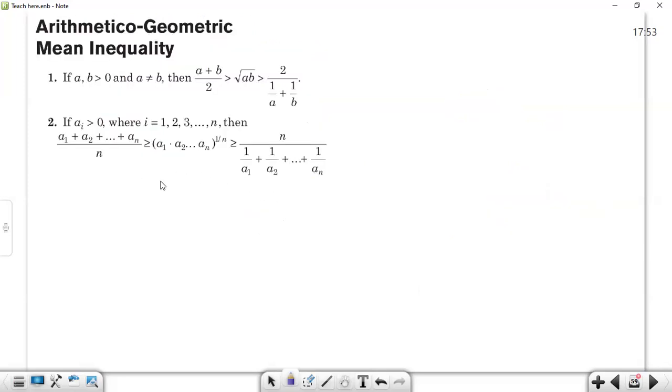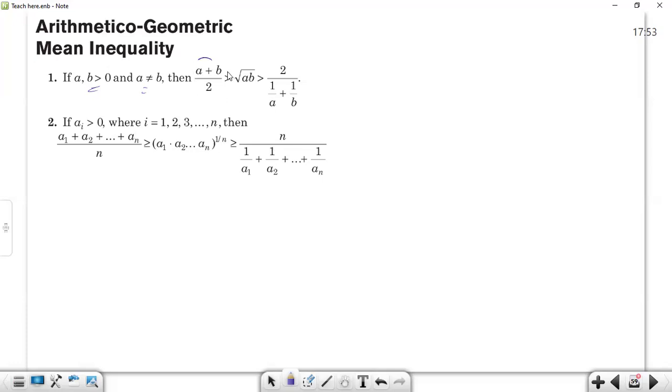Now discussing the arithmetic-geometric mean inequality. It says that if A and B are positive and A is not equal to B, then A plus B by 2, the arithmetic mean, is greater than the geometric mean of the two, which will be greater than the harmonic mean of the two.